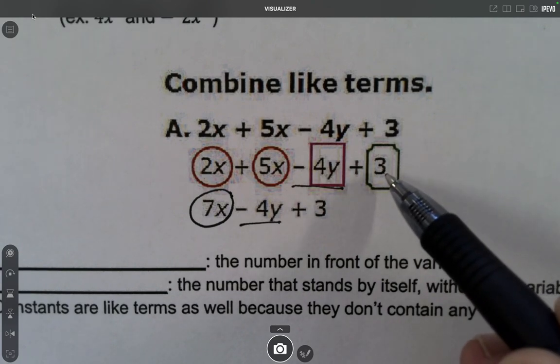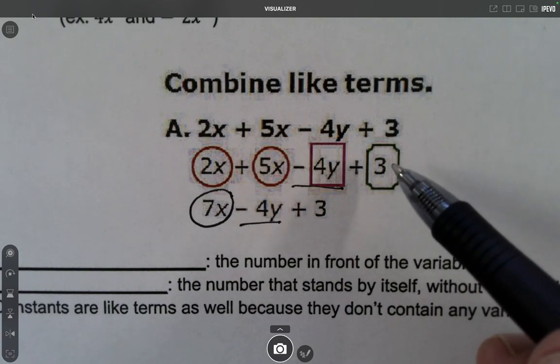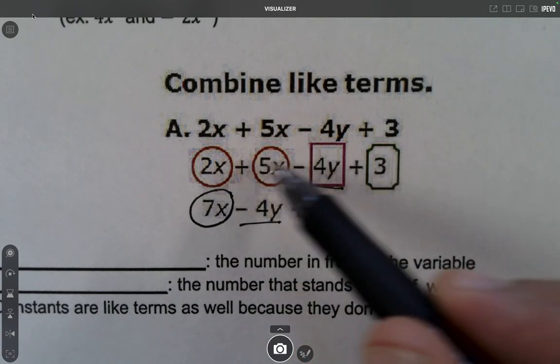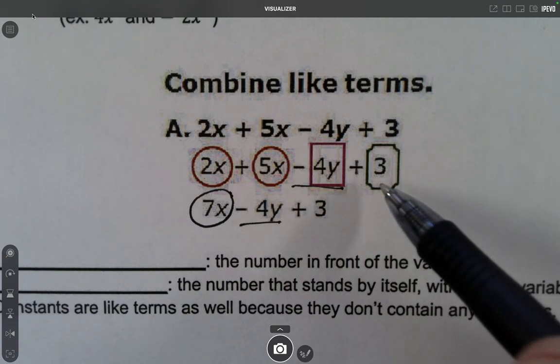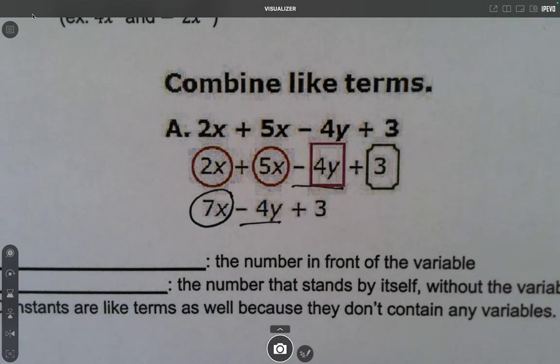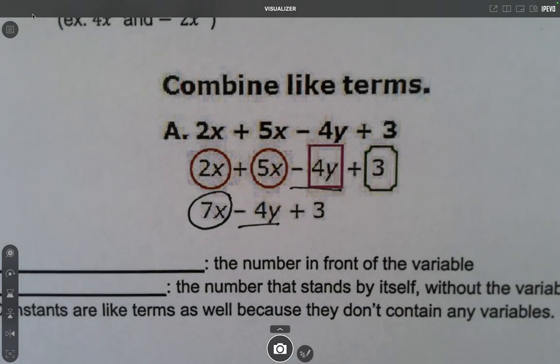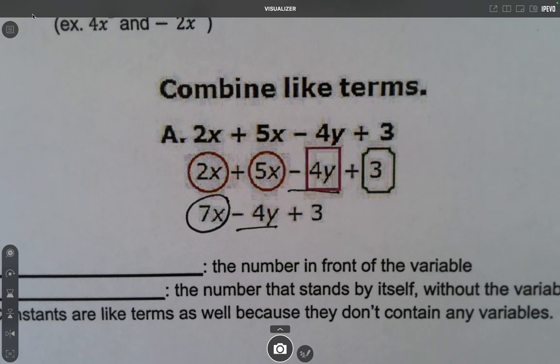That means it's a number without a variable. And since there is no other term that has no variable, this is by itself, has no like term, it just stays as it is, plus 3. So when a term has no like term, you just leave it as it is and don't change it by combining it with anything else.